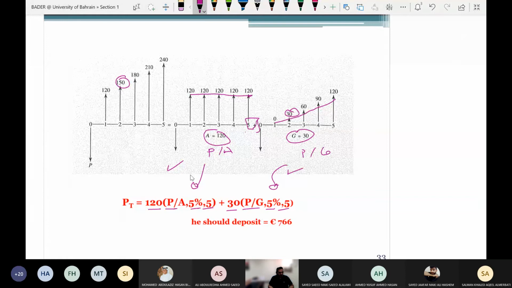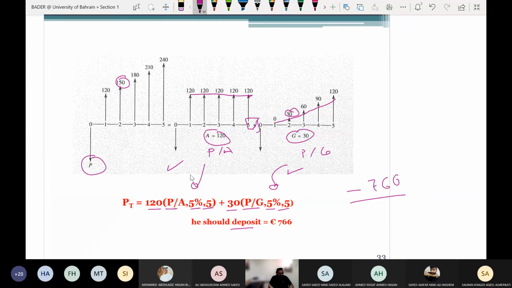Now guys, some people say, Doctor, again this should be minus for all of it. Yes, you are right, that's why they write "should deposit." If you put minus 766 for me, I tell you it's correct, because then he would like to deposit and collect.